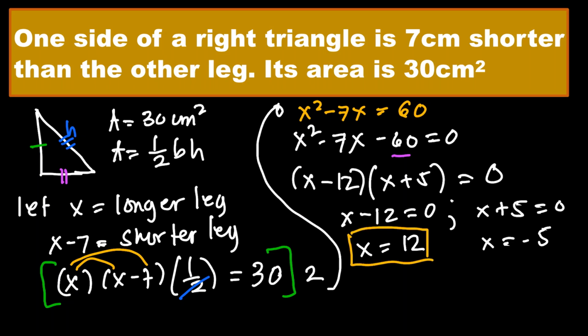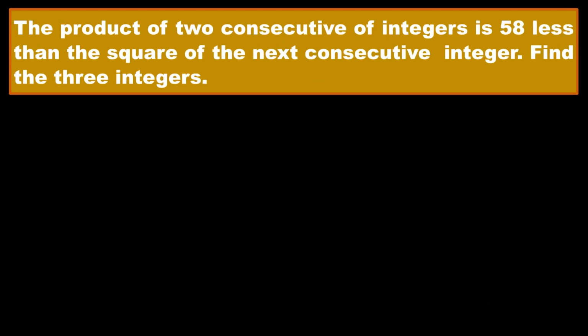So this is the length of the longer leg, and therefore x minus 7, or 12 minus 7, is equal to 5. So the length of the shorter leg is actually 5, and so we have the answers.